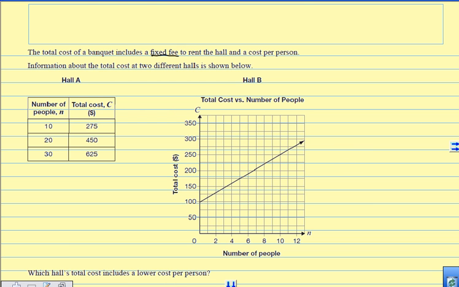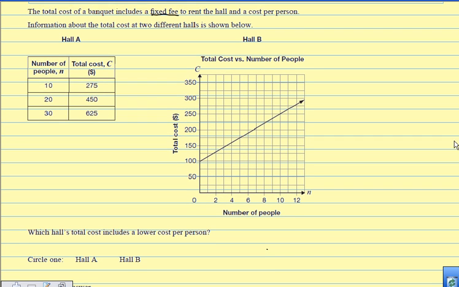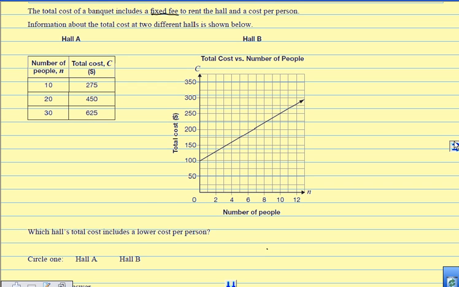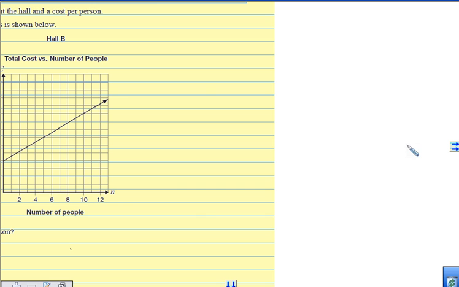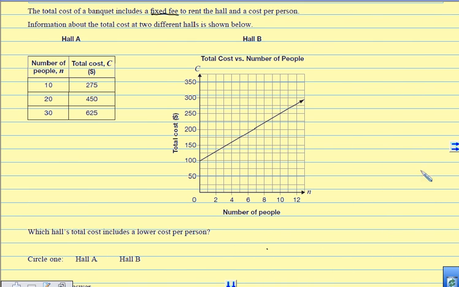Now, the question here says, which hall's total cost includes a lower cost per person? So, looking at both of these, first of all, one thing that you should recognize is what kind of variation this is.